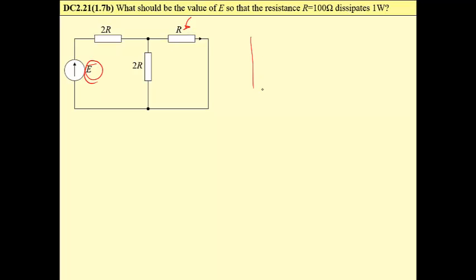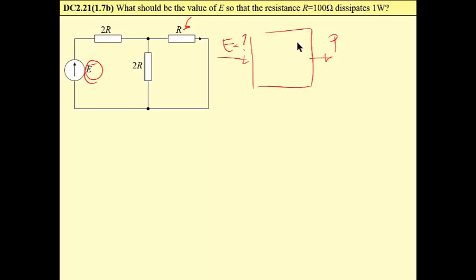So our problem in a block diagram: we have one input, we have one output, and our task is to find the value of this input for the given power which is dissipated on this resistor.